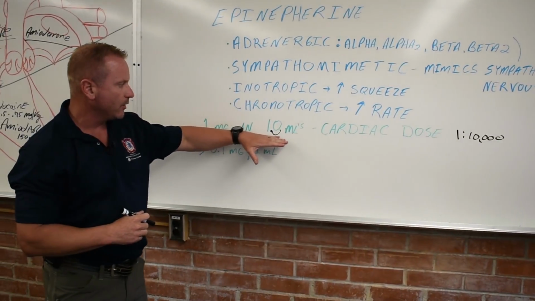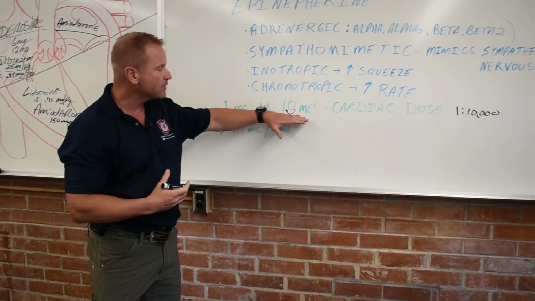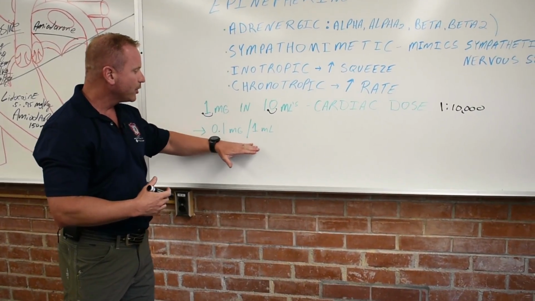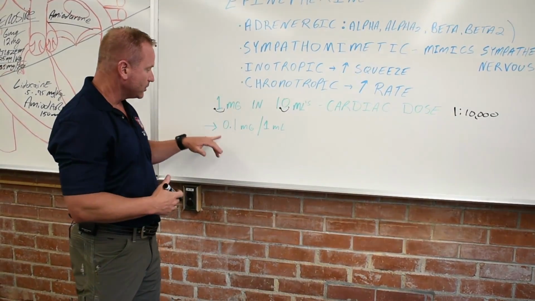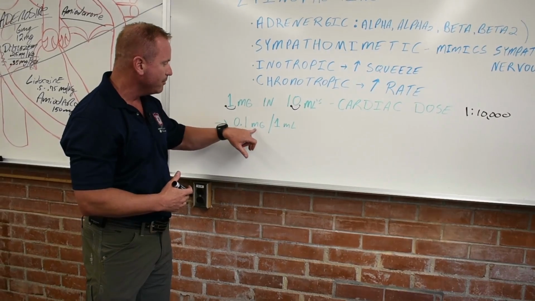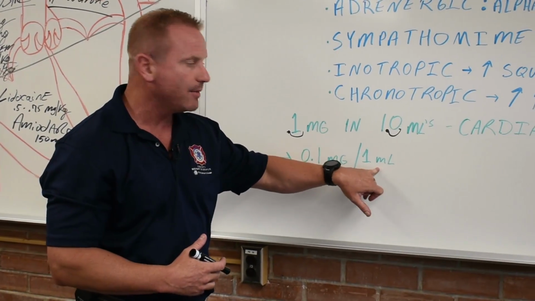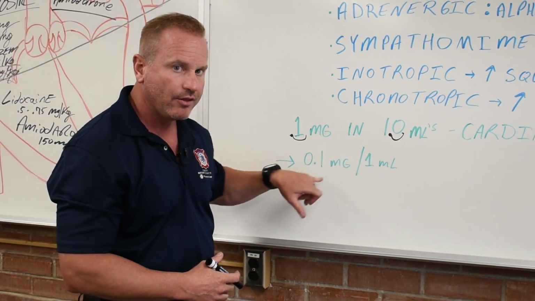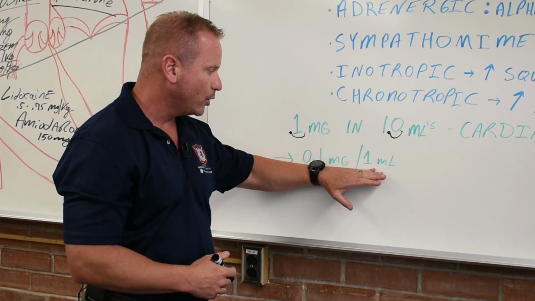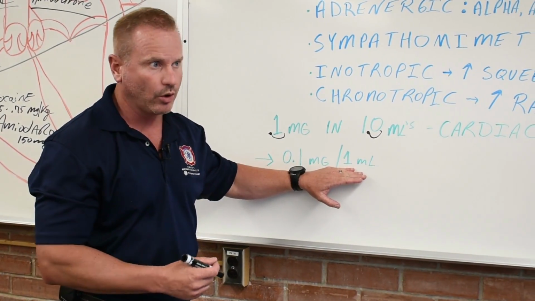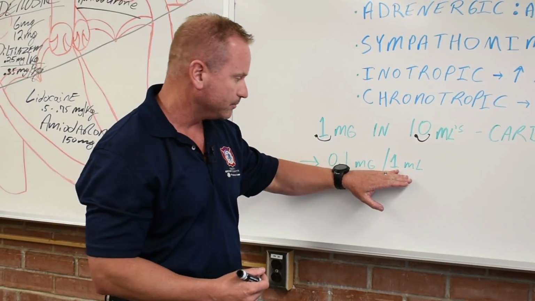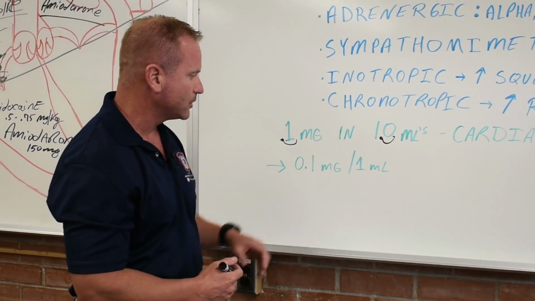Underneath all the vials, especially with a viscous medication, it's going to break it down on the vial to its lowest common denominator, which in this case is 0.1 milligram for every mL or cc that I have in that vial. That's what it equals. And why is this important? This is important when you start going into the pediatric dosing mode, where everything is done by milligrams per kilogram. And you can break it down in the simplest form.